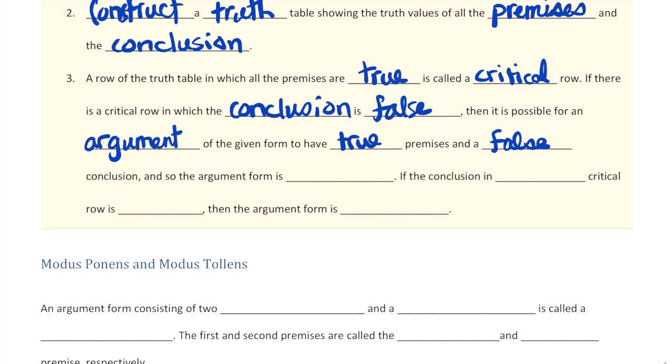So the argument form is invalid when that happens. If the conclusion in every critical row is true, then the argument form is valid.